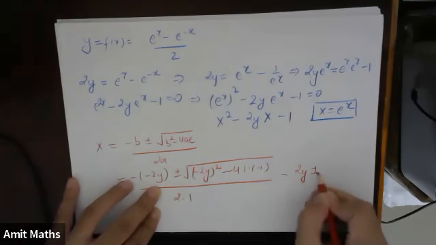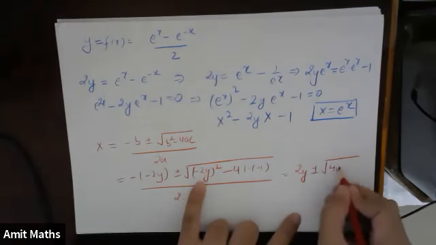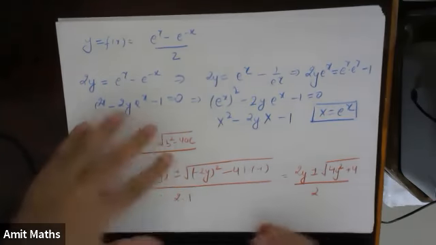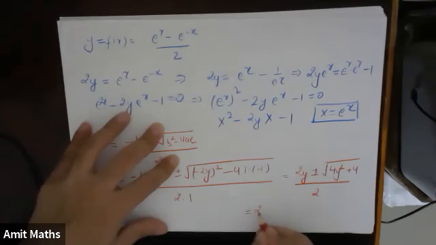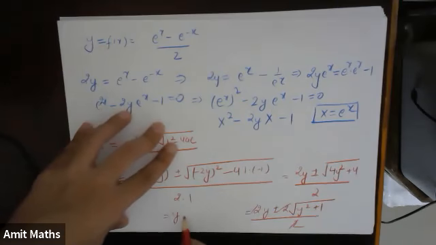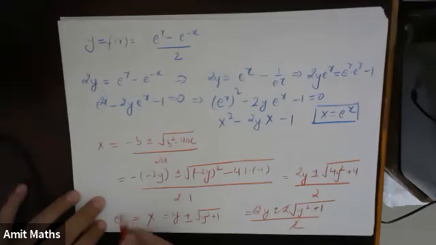So this becomes 2y plus minus under the root of 4y square plus 4 upon 2. So this becomes 2y plus minus 2 under root of y square plus 1 upon 2. So this 2 and 2 get cancelled. This becomes y plus minus under the root of y square plus 1. So this is capital X, and capital X is nothing but e to the power x.